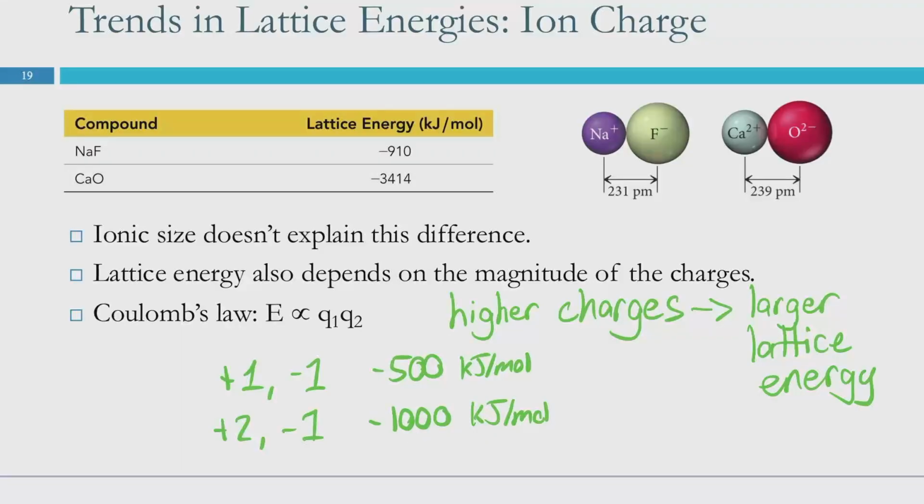If we double both of the charges, 2 times 2, it's now 4 times the energy. That's why we're seeing about a 4 times difference in our lattice energy. One times 1 is 1, 2 times 2 is 4, which is why it's about 4 times bigger.